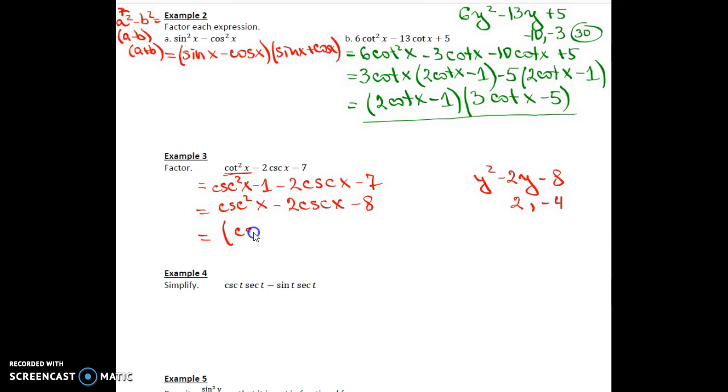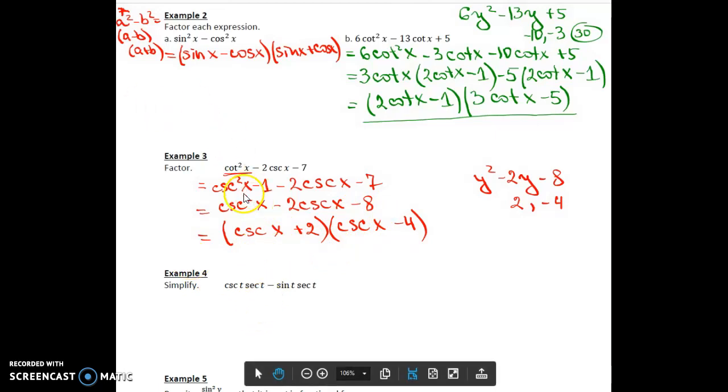Here I have cosecant of x plus 2 multiplied by the cosecant of x minus 4. This is where you pause and you ask yourself, does that make sense? Well, you can use FOIL or distribute each one of your terms and see if you do come back to your previous line. But this would be your final answer.